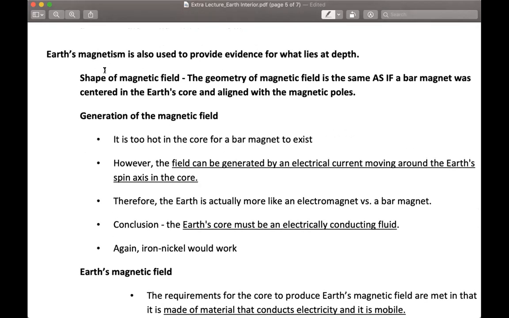So the magnetic field, the other thing is the magnetic field. So people have studied the magnetic field as well, like the gravity field. Earth's magnetism also has some characteristic features. Earth's magnetism is caused by the Earth's core. Okay, why is that?